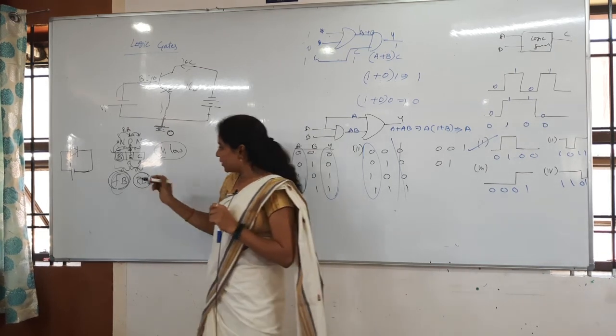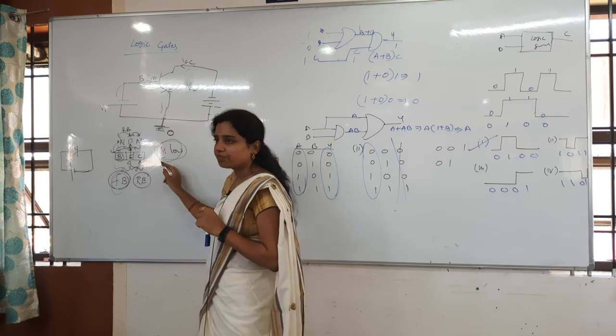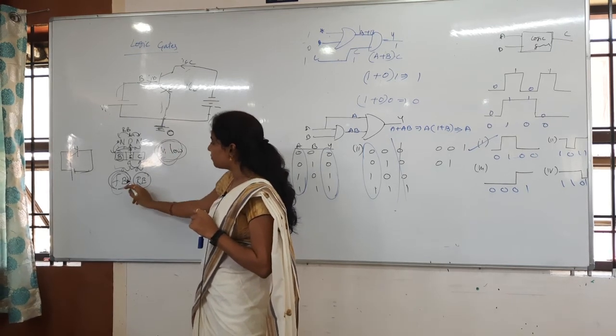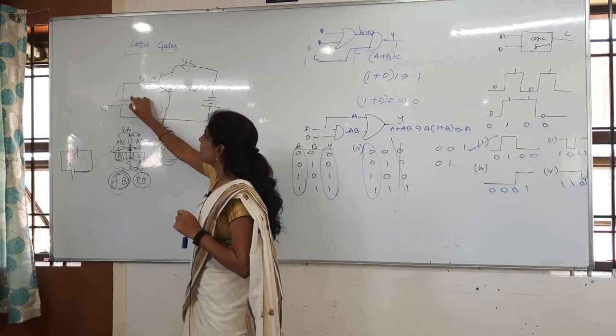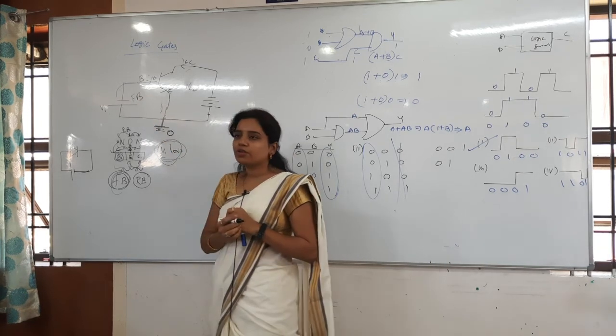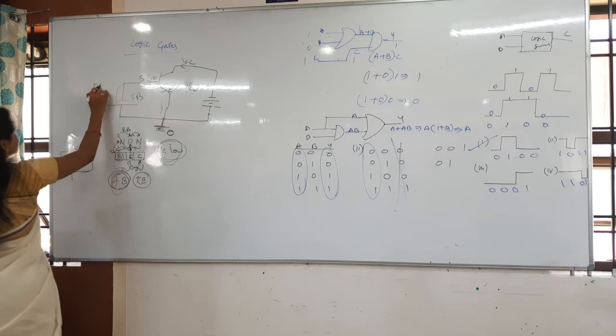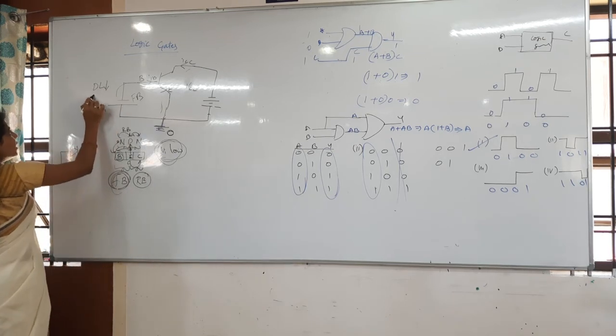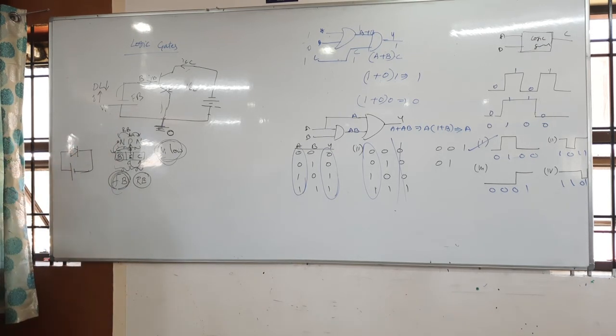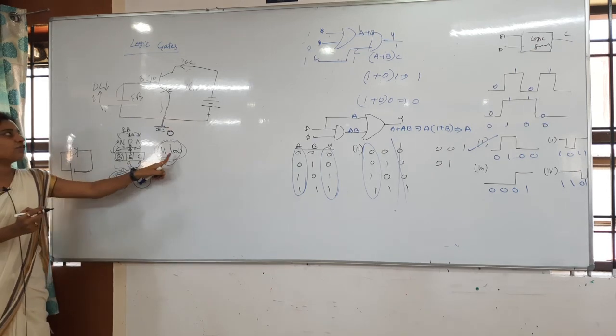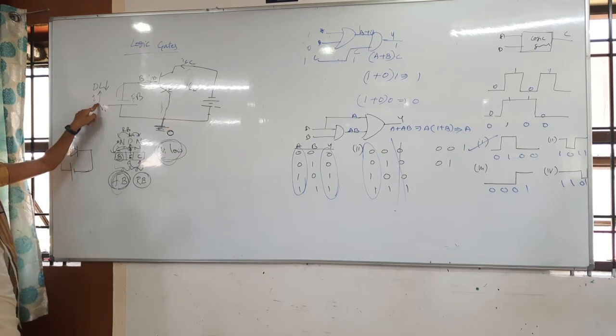So I am applying the low voltage here. By applying the low voltage, I am keeping this in forward biasing, which means the depletion layer width will decrease and the current flow will increase. So here we are taking the low voltage, and we are getting the current as high.